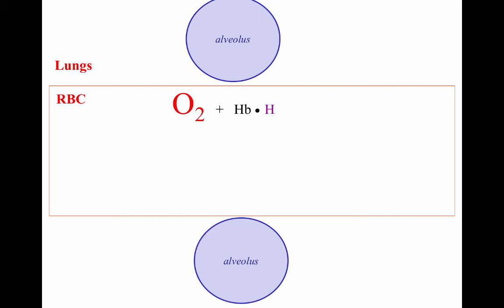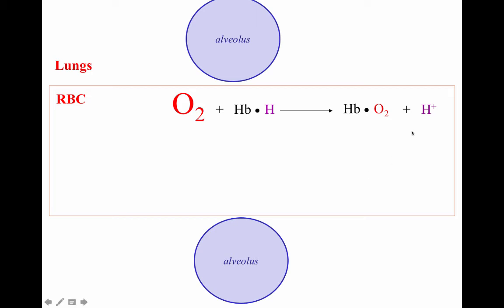When oxygen comes into the red blood cell as it comes across the alveolus into the capillary bed, it will effectively push off the hydrogen proton and attach to hemoglobin. Now, the first oxygen that attaches to one of the hemoglobin units will be the hardest to attach, and every oxygen after that will have a little bit easier time attaching until the hemoglobin has all four of its iron ions taken up with oxygen.